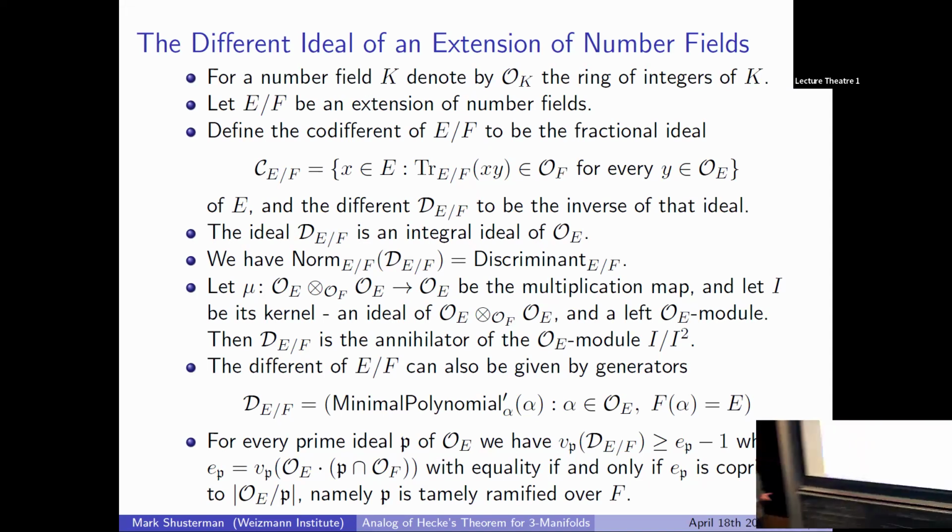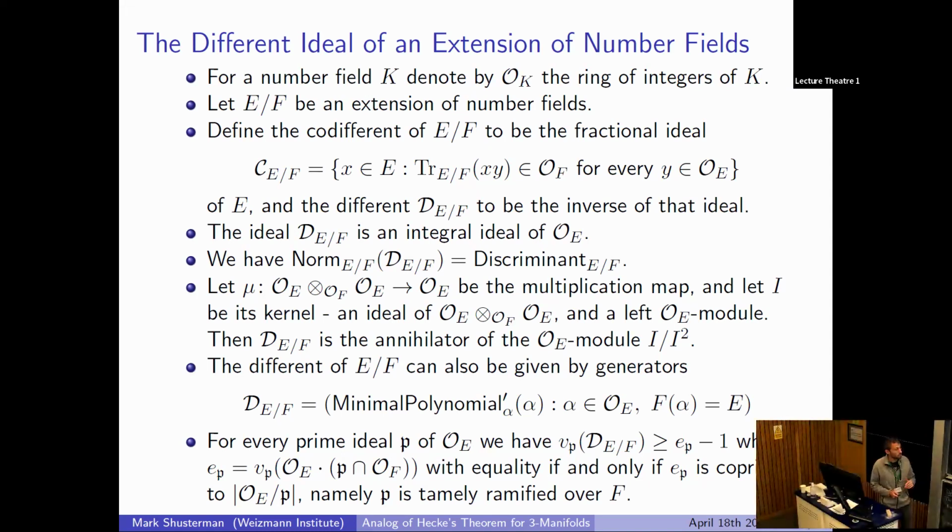So this ramification index is 1 for almost all primes, so the different is of course only divisible by finitely many primes. And you can moreover show that this inequality is an equality, equal to e_P minus 1, if and only if this prime is tamely ramified.